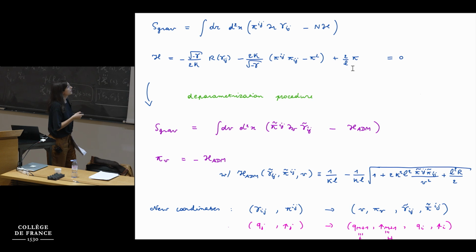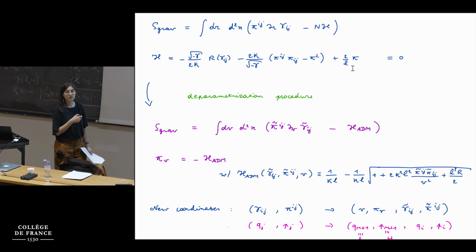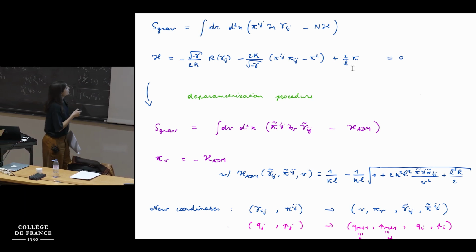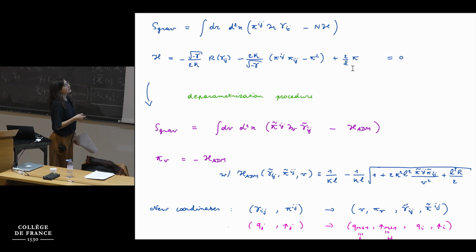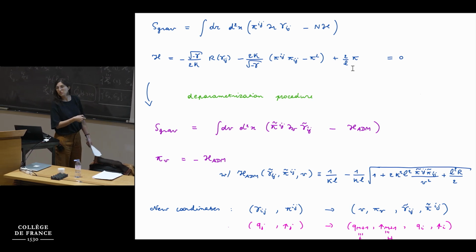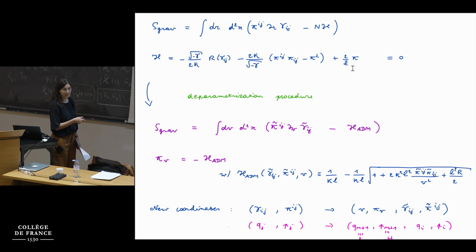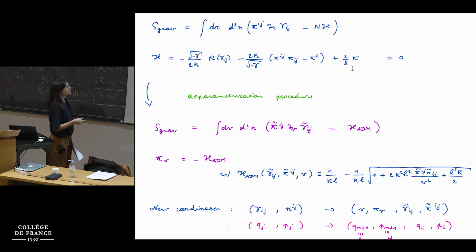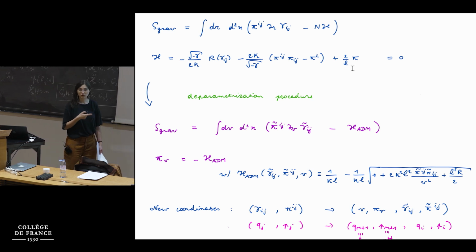And the point is that you can perform a deparametrization procedure here and bring your gravitational action in this original p q dot minus H form. To obtain such a p q dot minus H form, the deparametrization procedure is that you solve this Hamiltonian constraint and plug that back in. So here basically what you do is you solve roughly for pi, for the trace of the momentum.